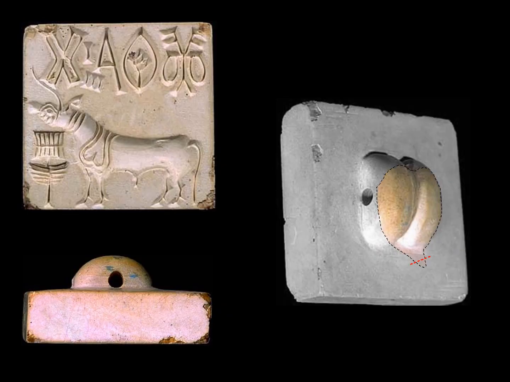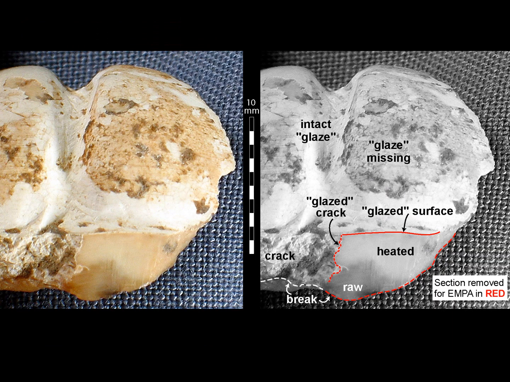Here is a reconstruction of how it likely appeared when intact. In the photograph of its section, you can see the glazed surface, a glazed crack where it has broken, and the heated and unheated raw material directly beneath the surface.